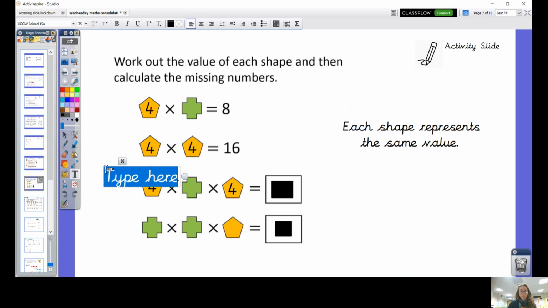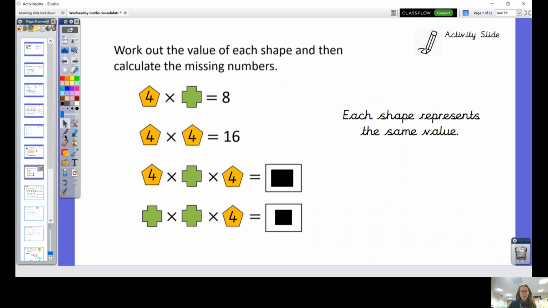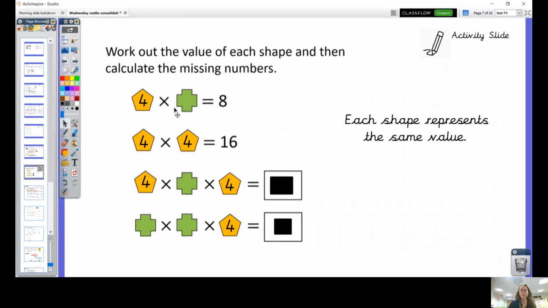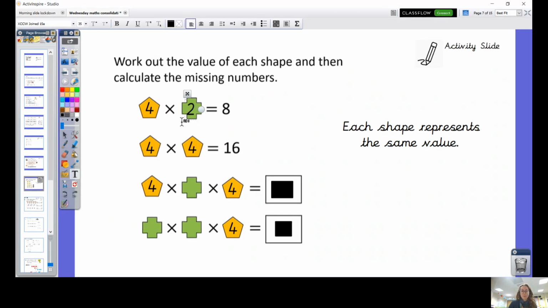Pop them in. And I think the next good one to have a go at is to look at that first one again, isn't it? 4 times what is 8? Or how many 4s go into 8? You know that one. Ooh, now I know what my crosses are. My crosses are 2.